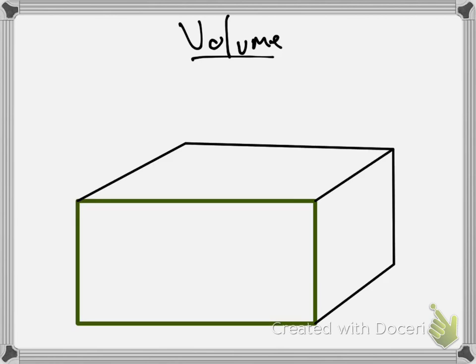Since we're talking about a box, I've got a box here that I've drawn, and I'm going to give that box some dimensions. It's going to be 12 inches long by 6 inches wide by 4 inches high. Because we are talking about measuring in inches, we also want to describe what units we're going to be counting volume in.